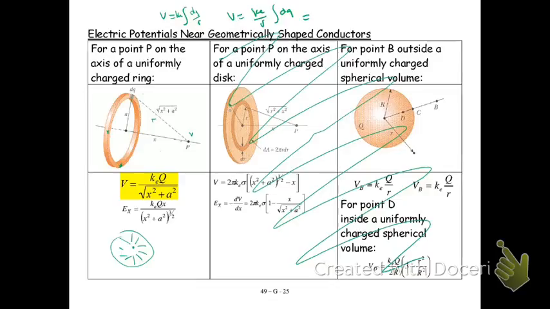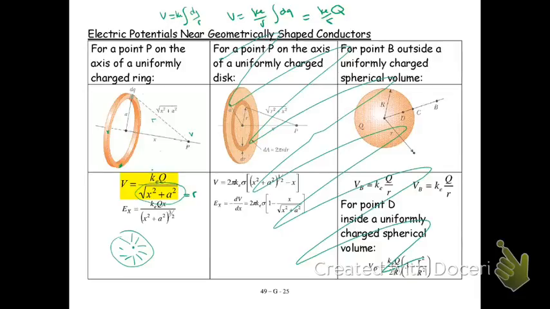The integral of dq is just big Q, so V equals Ke over r times big Q. And r, of course, is just Pythagoras. It's the square root of x squared plus a squared. So that looks complicated, but it's not that bad. It's just Pythagoras. And this is what you get used to.